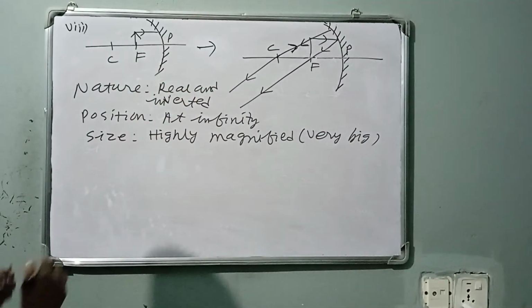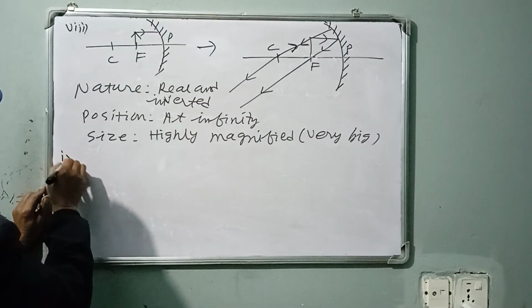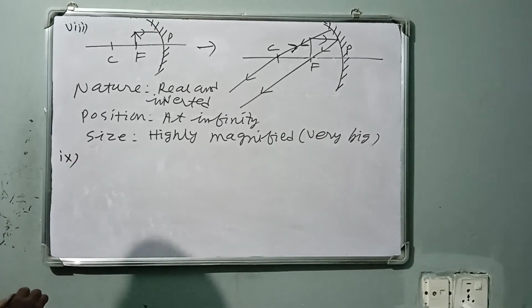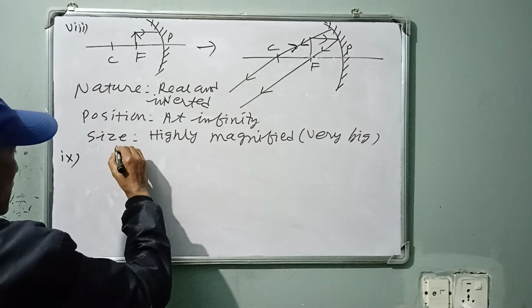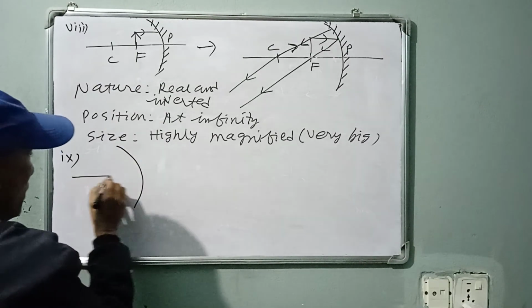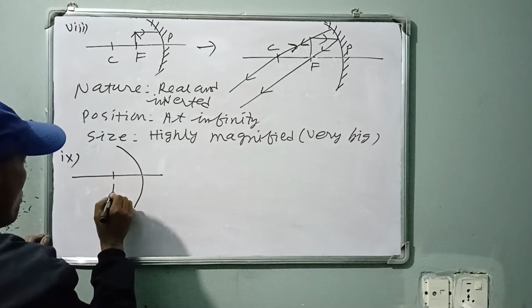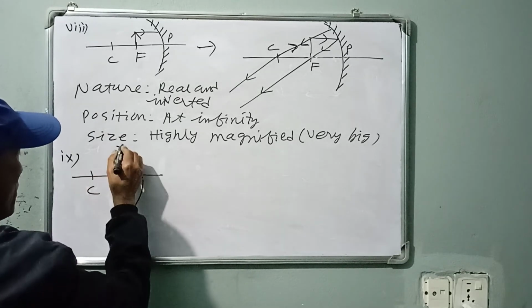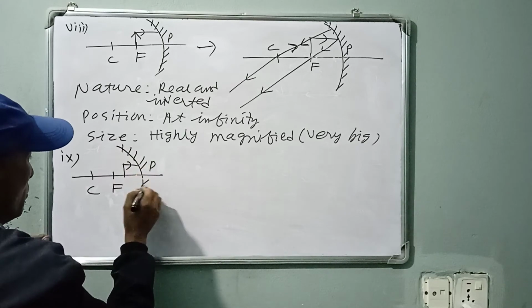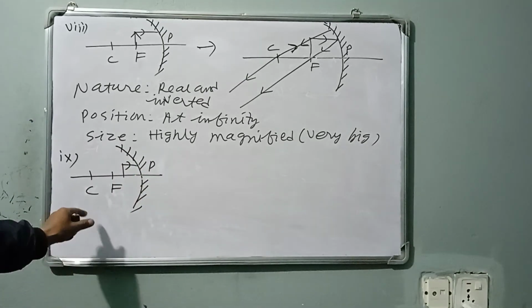The last case is this. Case number 9. This is an incomplete diagram. Focus, center, pole. This is a special case.